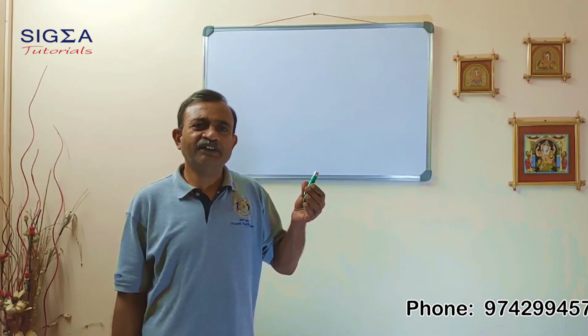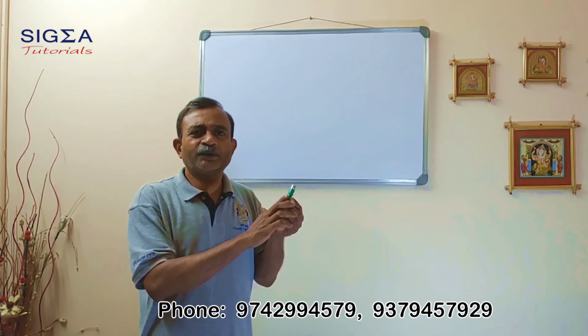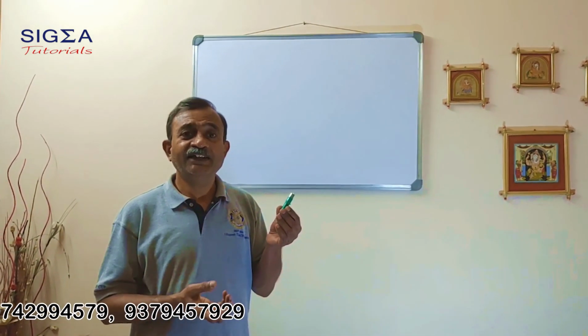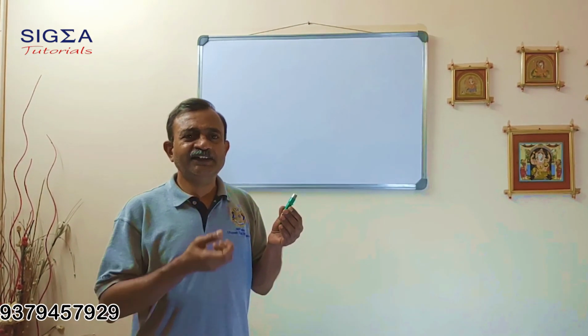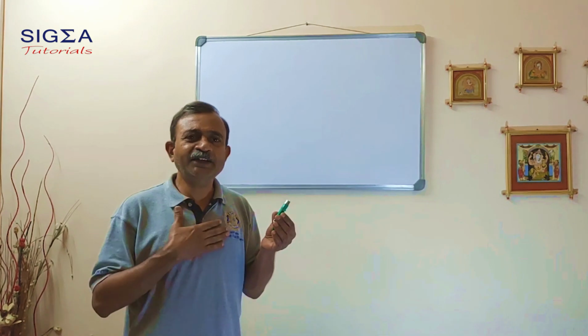Why does this happen? It is because this marker or this laser pointer is absorbing all the colors or all the shades of light except the green. It is reflecting green, and that green comes to my eyes and I perceive it as green. I hope you are understanding this.